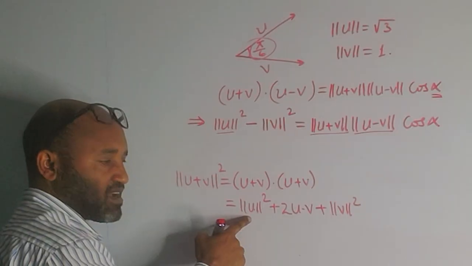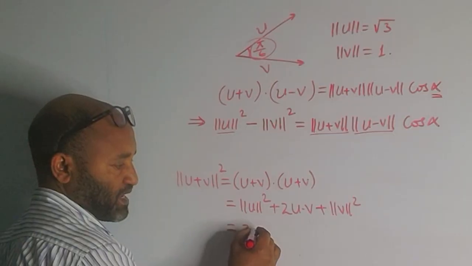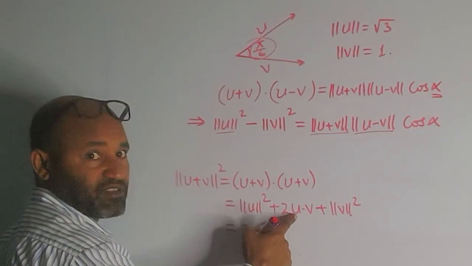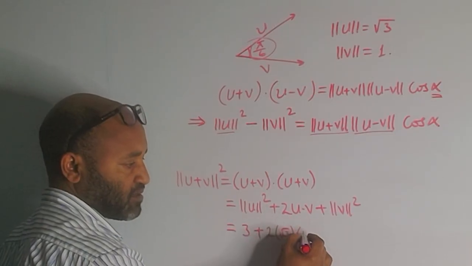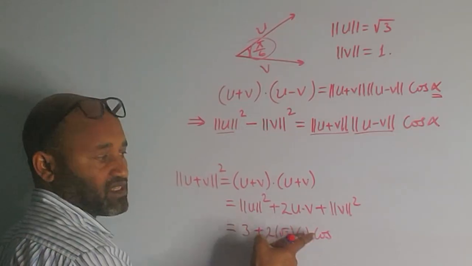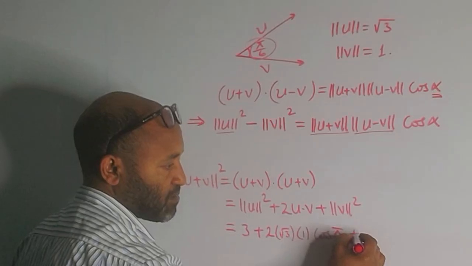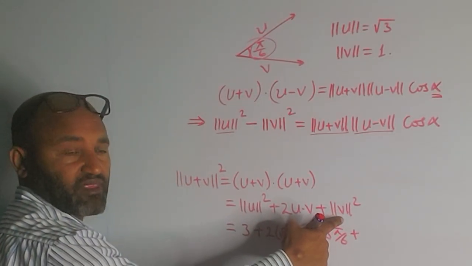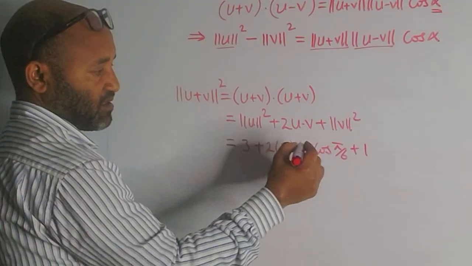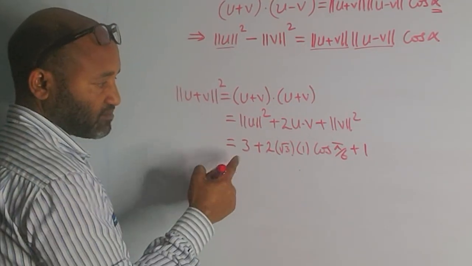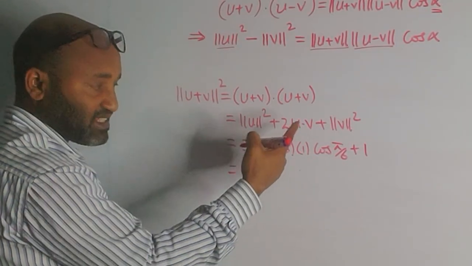So magnitude of u, radical 3 square, 3, plus 2 times magnitude of u, radical 3, magnitude of v, 1, cosine of the angle between the two, u and v, pi over 6, cos pi over 6, plus magnitude of v square, 1 square, 1, is equal to cos pi over 6, cos 30, radical 3 over 2.